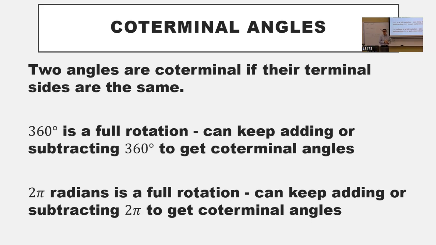Coterminal angles are 2 different angle measurements where their terminal side is the same. So for instance, we just saw that 450 degrees is coterminal with 90 degrees, since their terminal sides are pointing in the exact same direction.